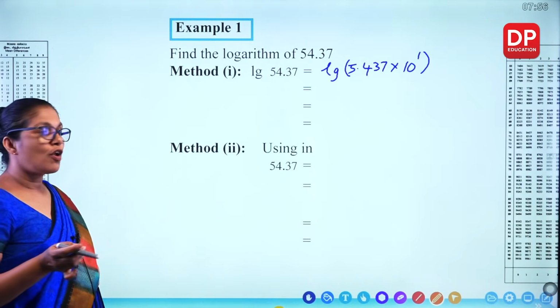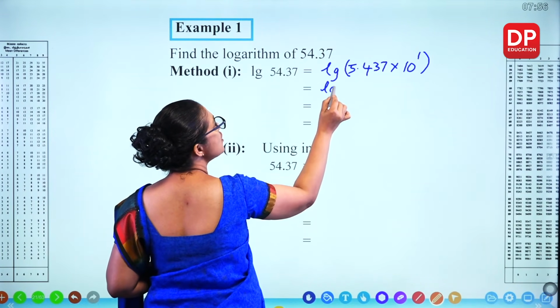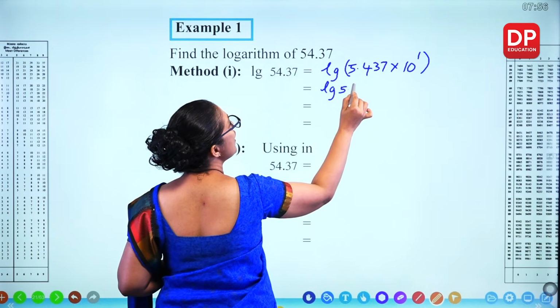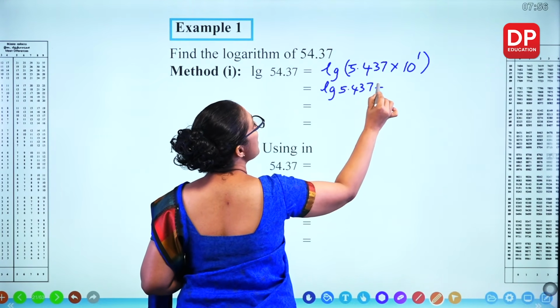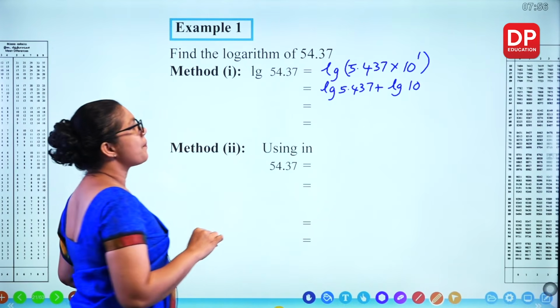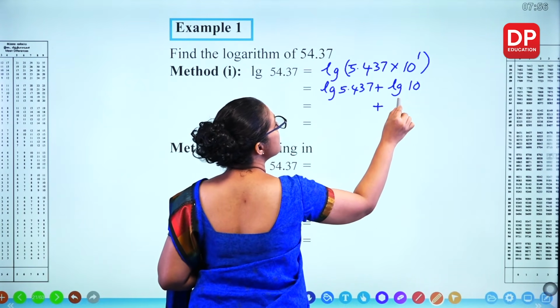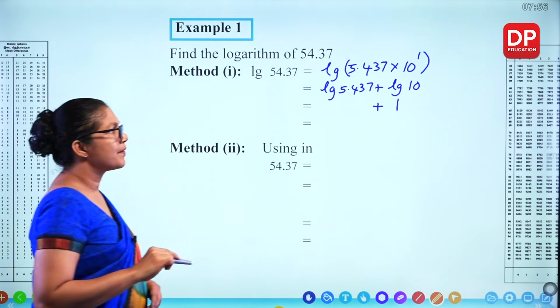According to laws of logarithms, multiplication inside becomes addition. LG 5.437 plus LG 10. What's LG 10? That's 1, 10 base 10.